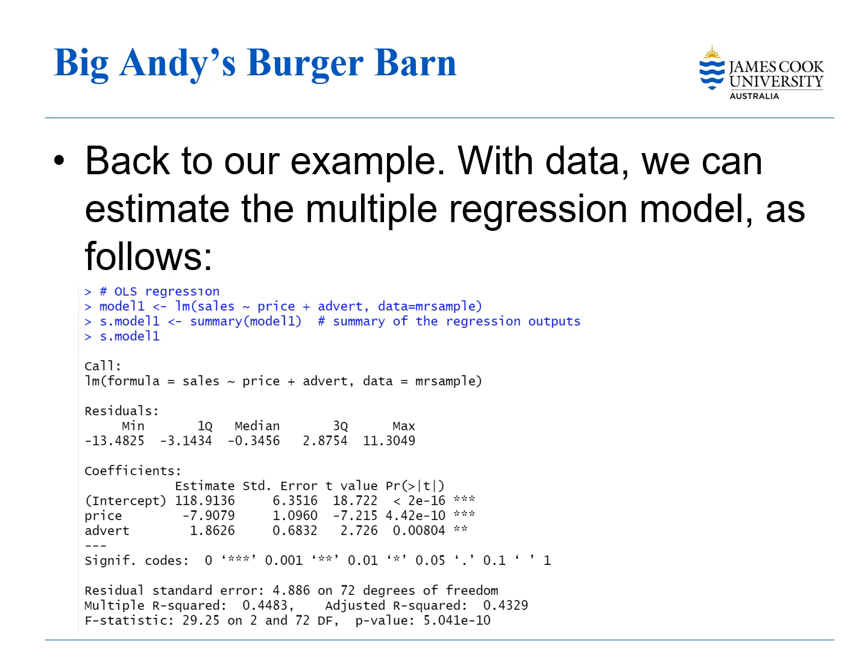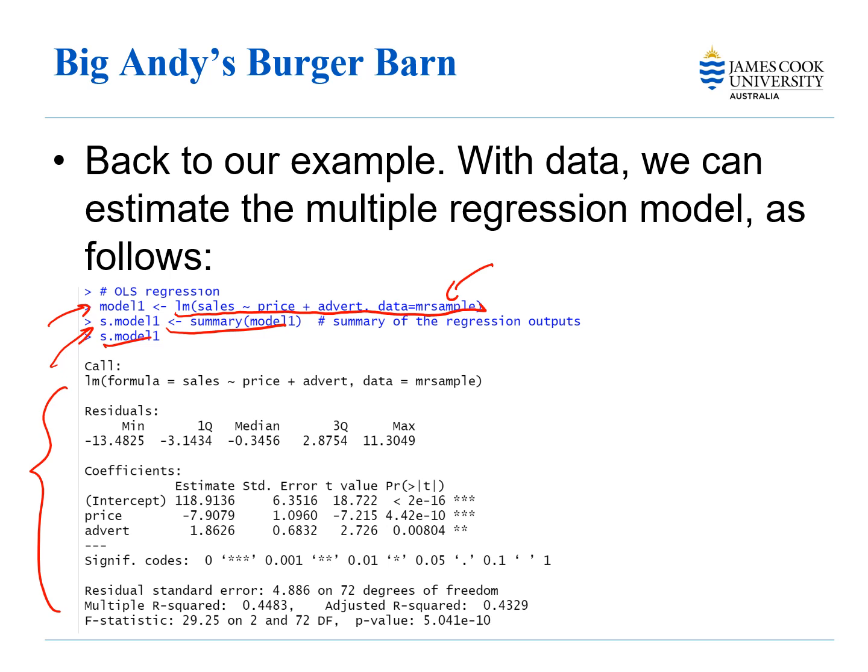The command is lm, with the data you loaded into R stored in an object. We save the regression results to an object called model1, then summarize it, save the summary into an object called s.model1, and display it. That's the regression result.